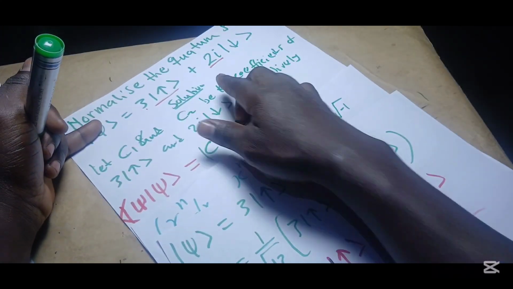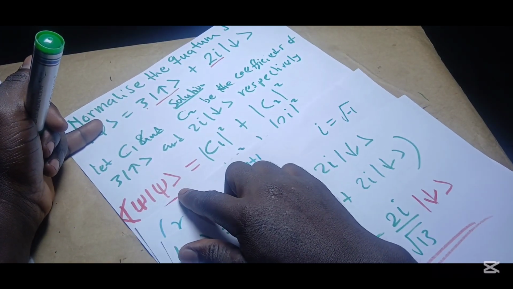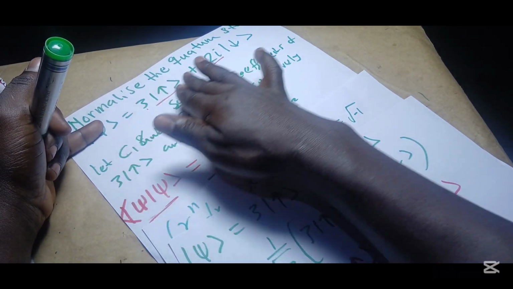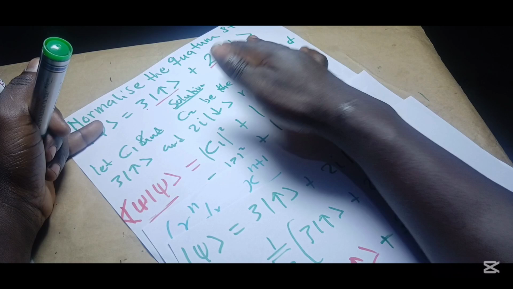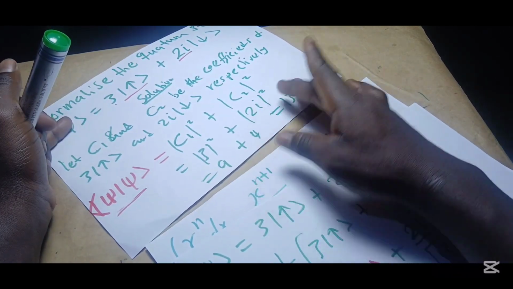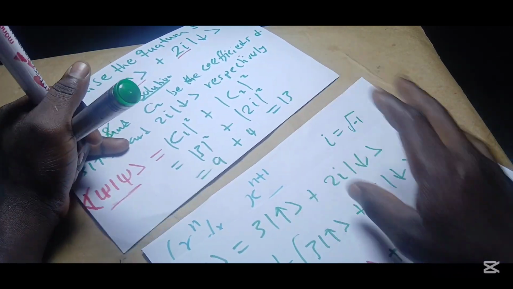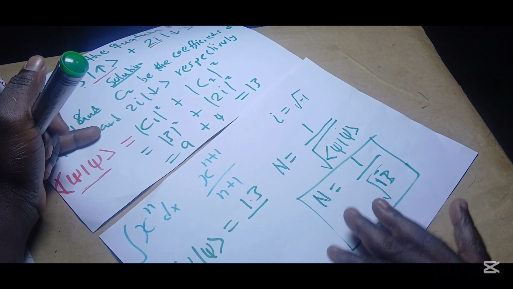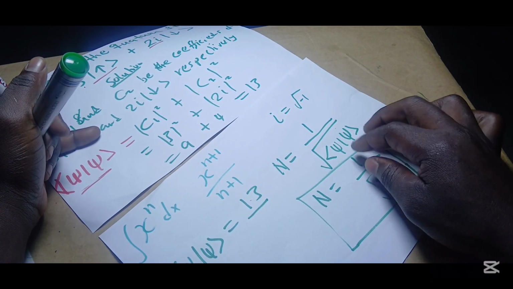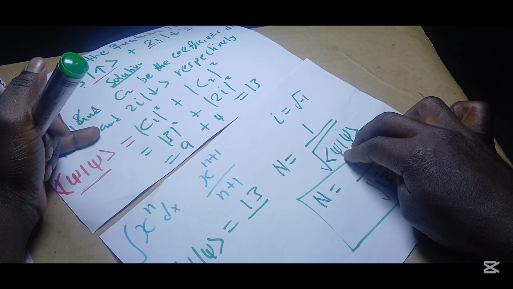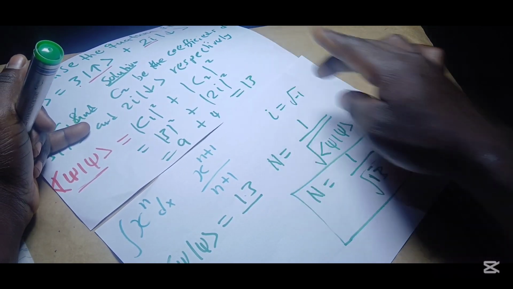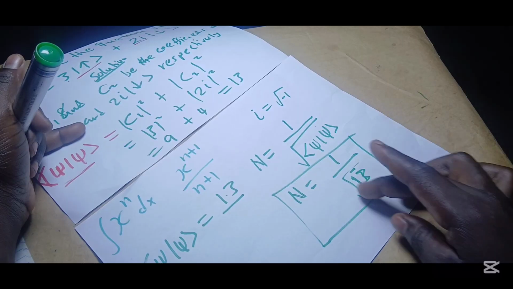So a quick summary. First of all, you have to calculate your norm, and the norm is equal to the absolute square of each coefficient given, and that is what we did here, and we got 13. And the second step is to calculate your normalization constant, which equals 1 over square root of the norm. Our norm was 13, so it is 1 over square root of 13.